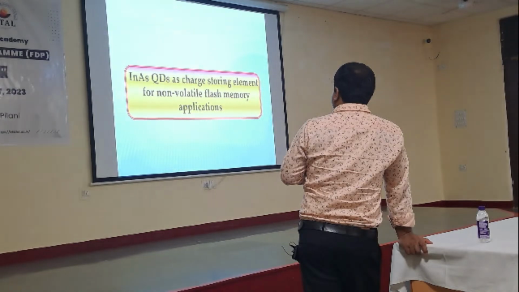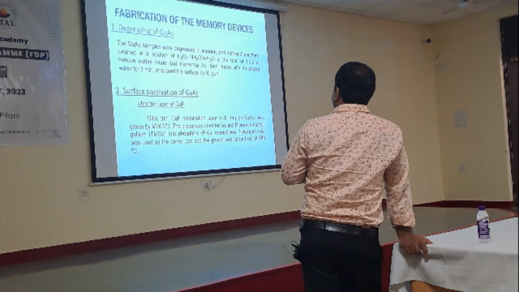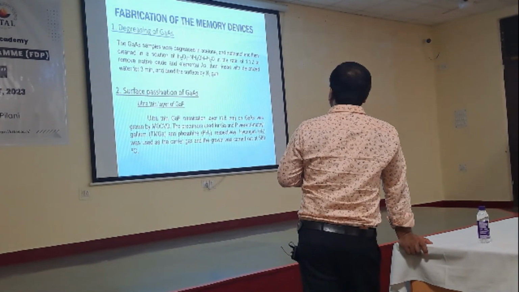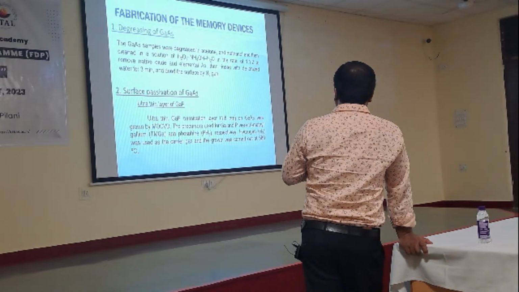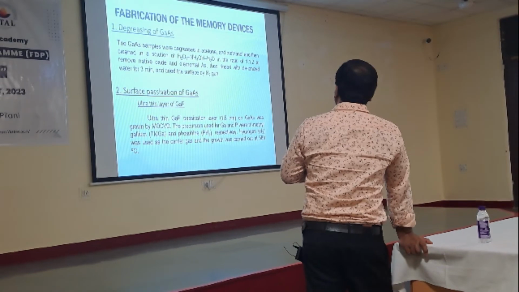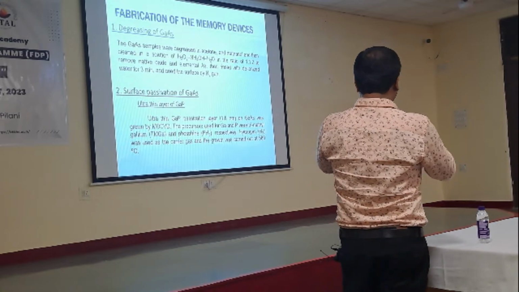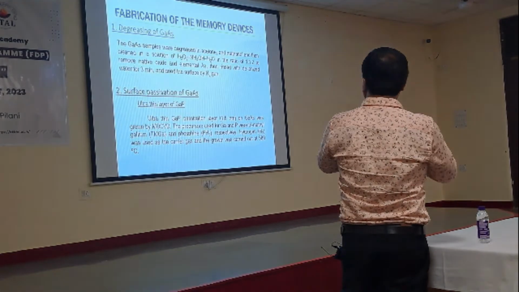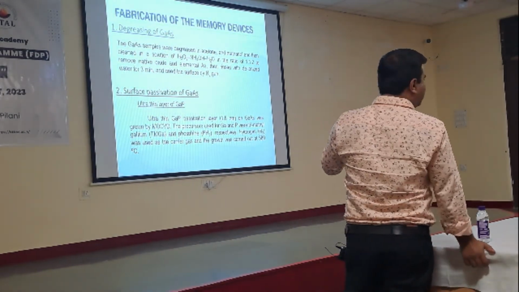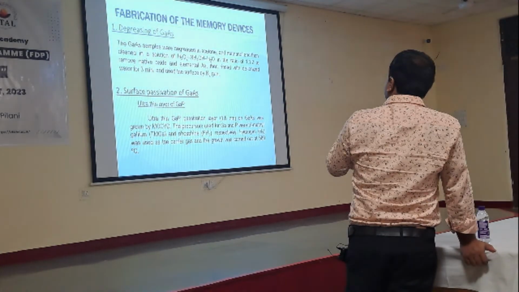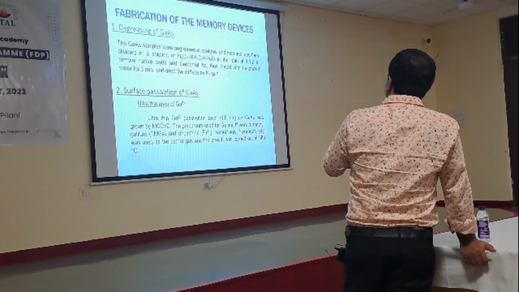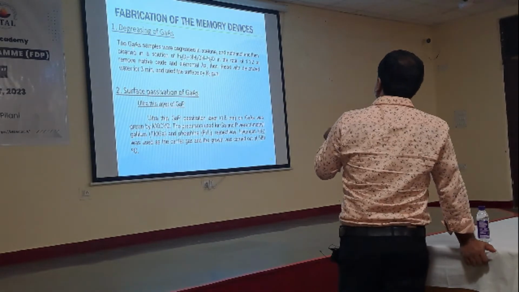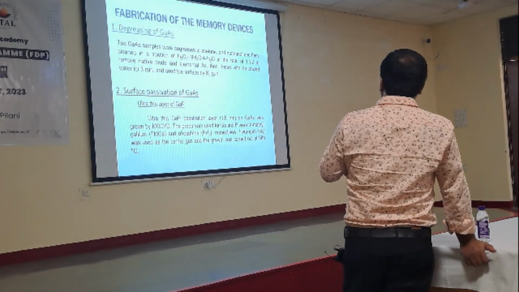Next. Now for the fabrication of the device, this is related to material processing. How have you fabricated a device? I have told you that it is a metal oxide and gallium arsenide structure. First of all, prior to fabrication of the device, we have to clean the surface of the gallium arsenide. I told you there are so many interface trap charge densities, so it will be degreased with acetone and methanol.